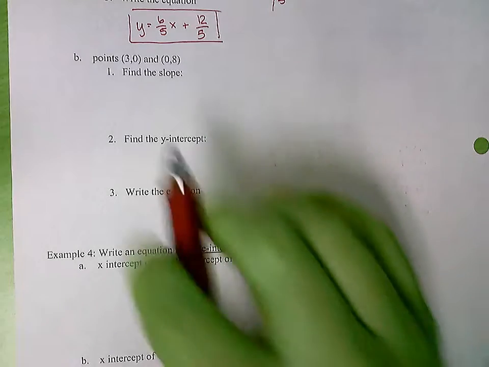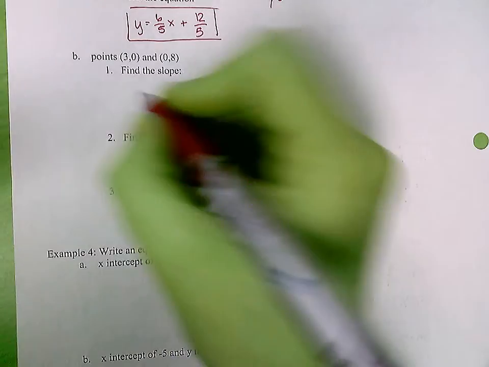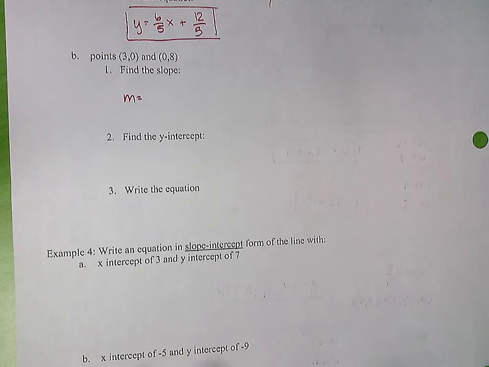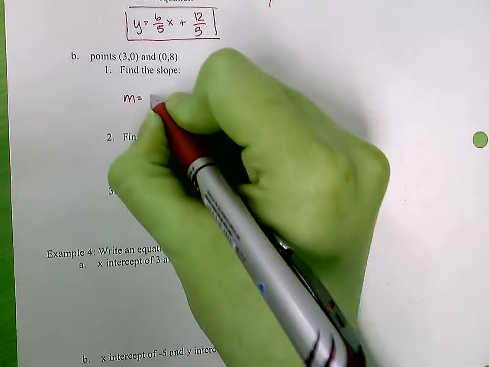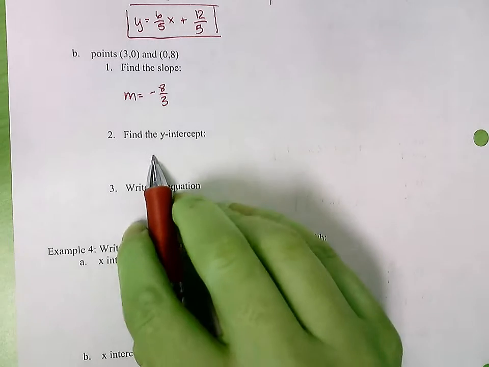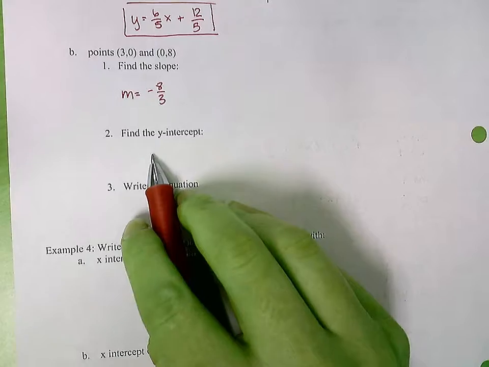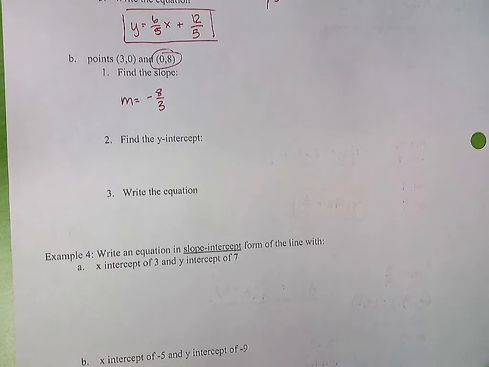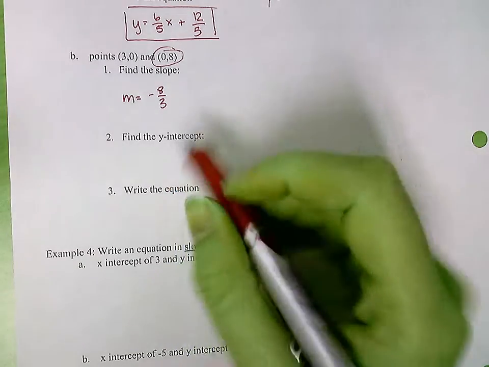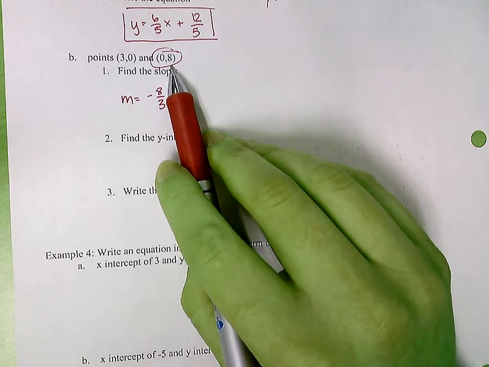All right, so looking at letter B here, first you wanted to find this slope. Your slope should be negative 8/3. Finding your y-intercept, you didn't actually need to find it. It's right here. Your y-intercept is 8. If you noticed that, great. If you didn't, that's fine.